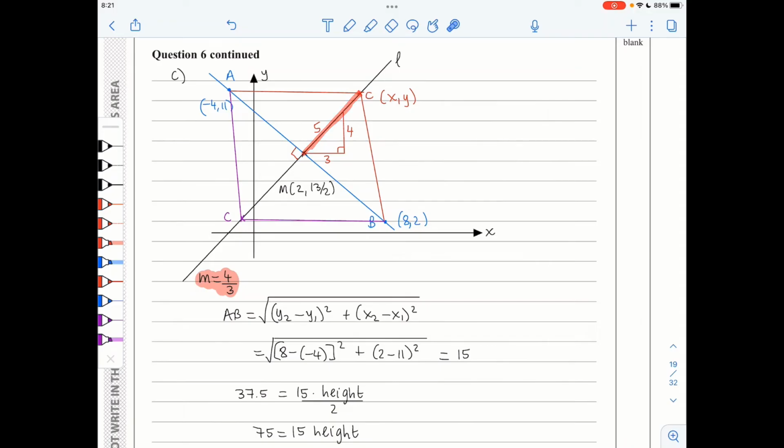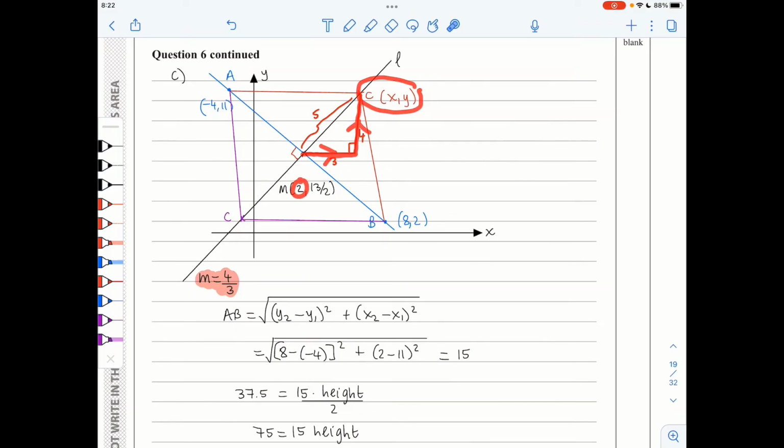So this is 3, this is 4, and this is 5. Which simply means that to find the coordinates of C here, I will go 3 to the right and then 4 up.